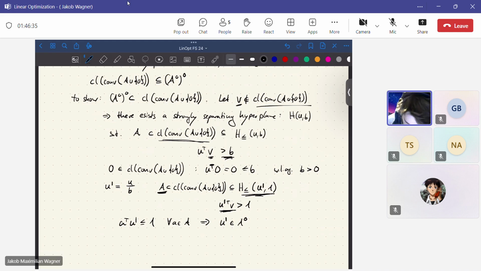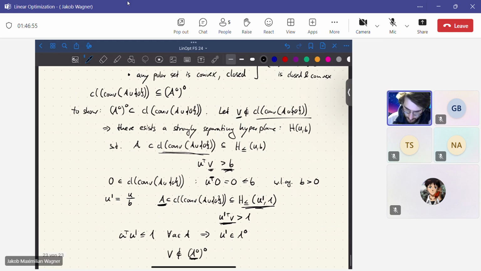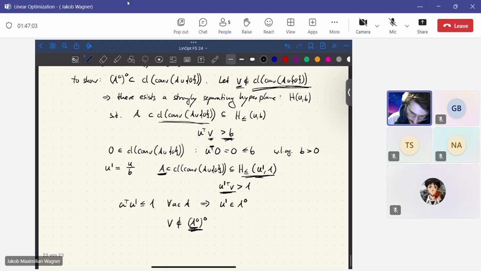And this especially means that V is not an element of the double polar of A, because we have found an element in A polar such that this inner product is strictly greater than 1. And this is now our converse direction. If V is not in this closure of convex hull of A including 0, then V is also not in this double polar. And this means we are done here.